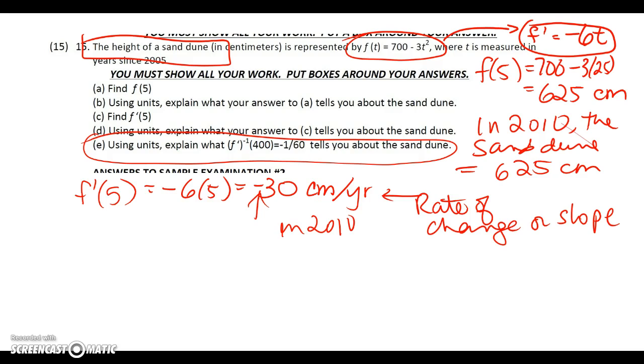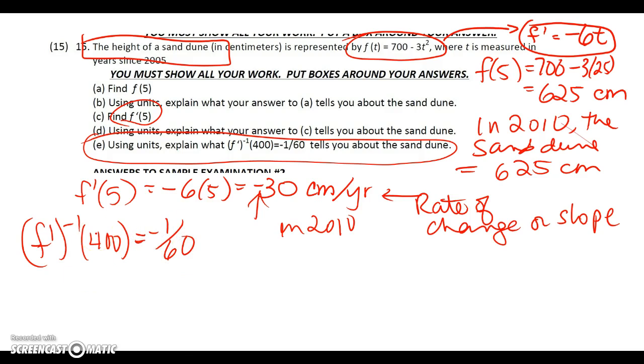So whereas up here, this was decreasing at 30 centimeters per year, when we do an inverse, we've switched the x and the y, and thus we've switched the units. So he says, what is the inverse of that derivative at 400, negative 1 over 60?